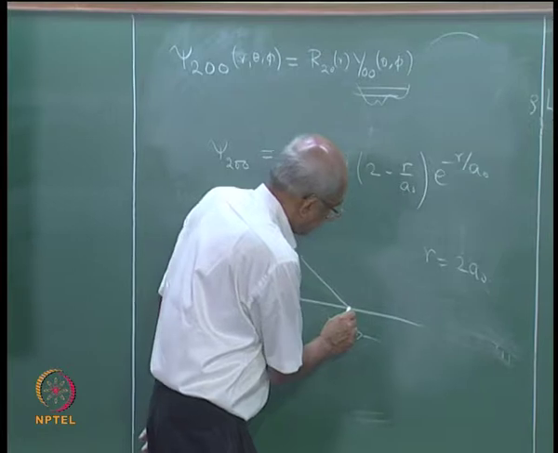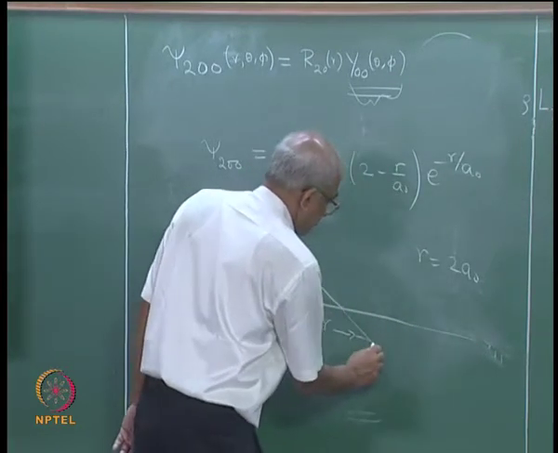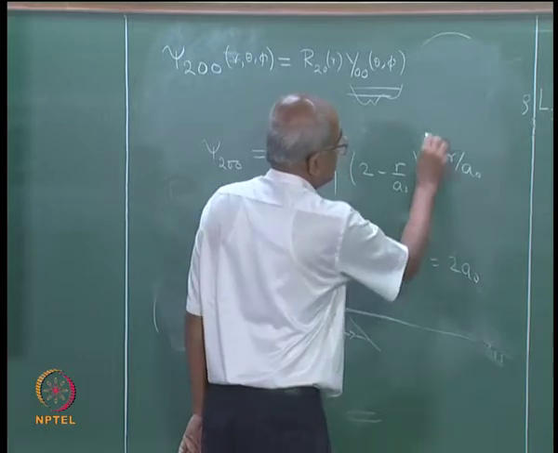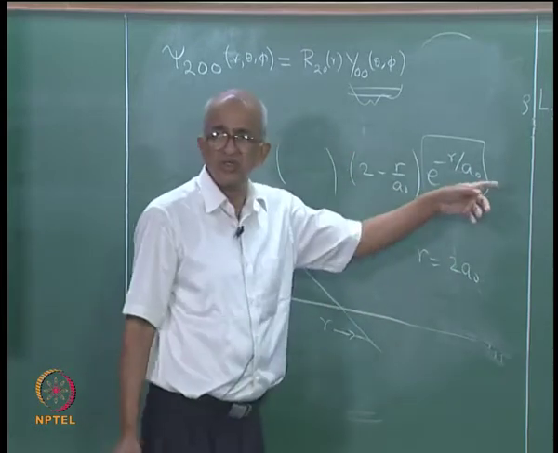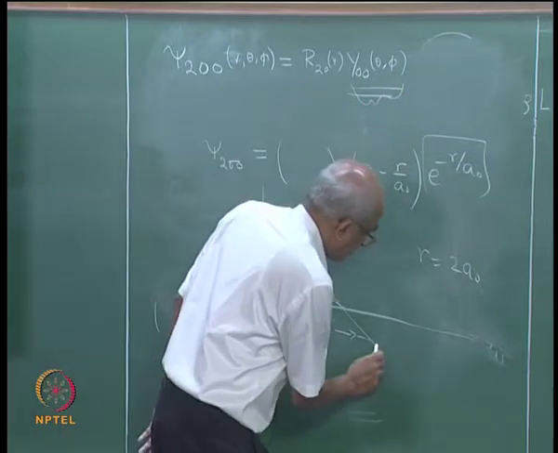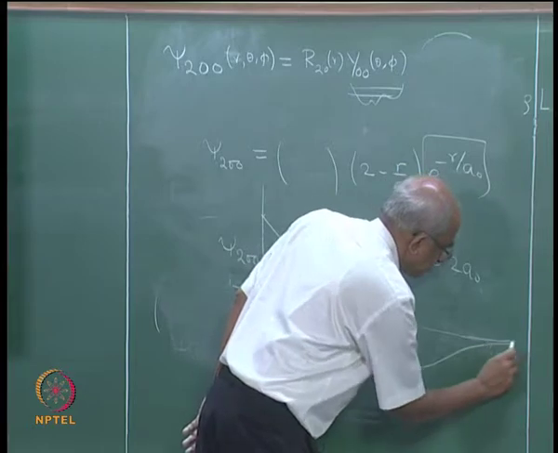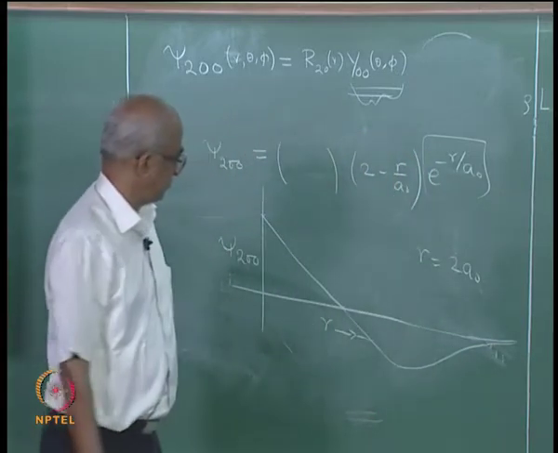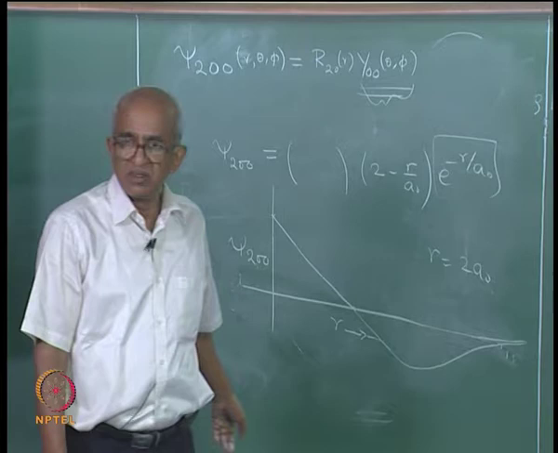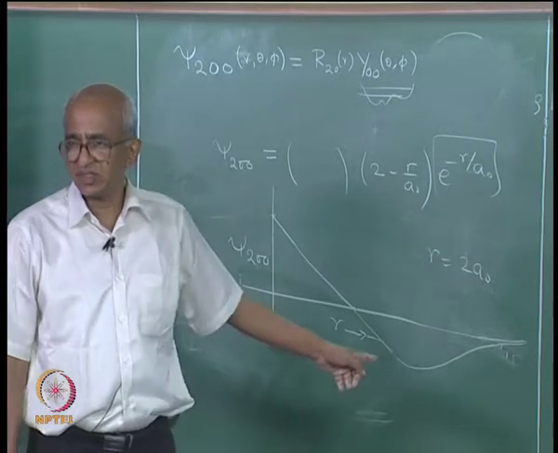So the function becomes negative, and as you go further, it is definitely going to decrease to 0 as r tends to infinity. It cannot go on decreasing like this; eventually it has to turn around and become 0. So this will be the plot of the wave function against distance.